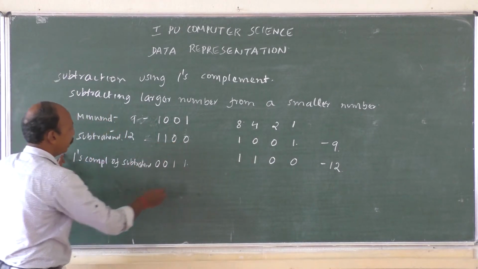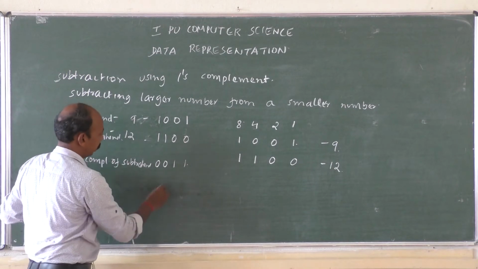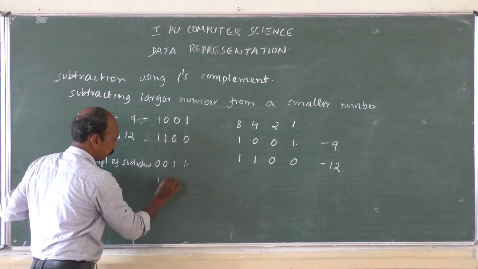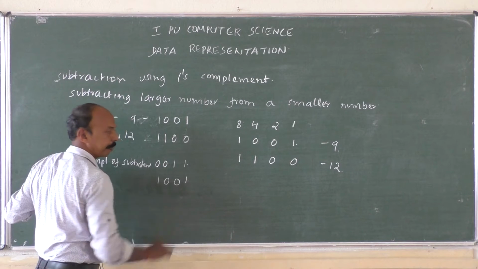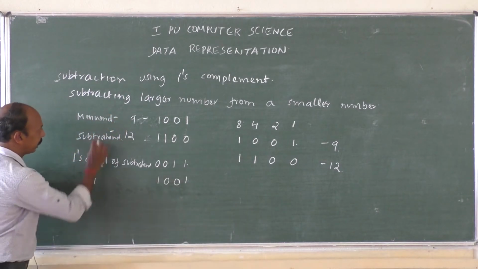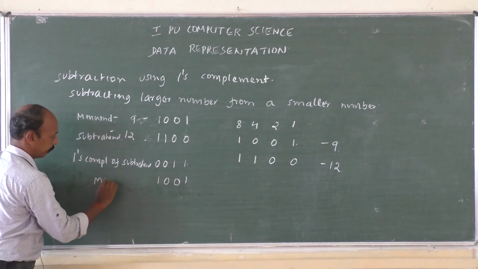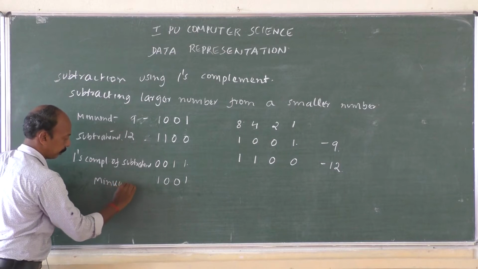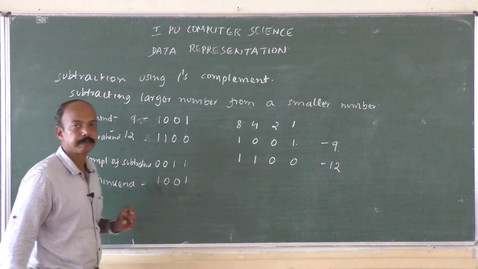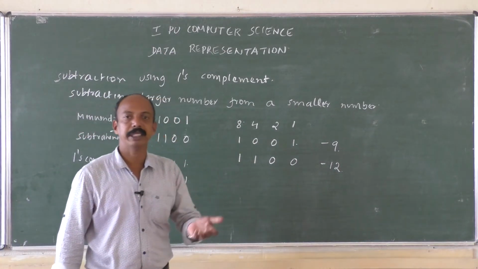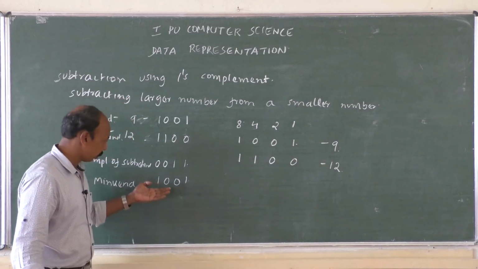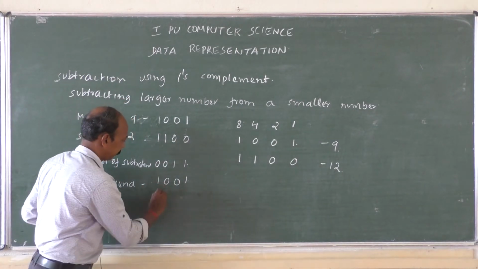Now add it to the minuend. Which is the minuend? Minuend is 1 0 0 1. This is the minuend. Write the same here once again. As we have done in the previous case, here also we have to do the same.